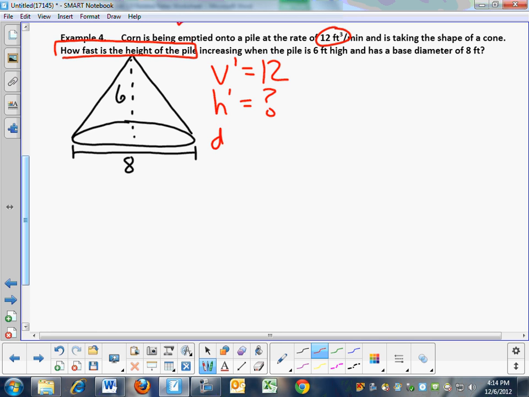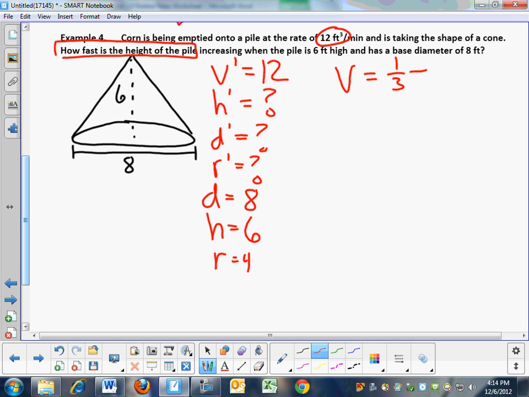We don't really know the diameter rate. We don't know the radius rate. We do know the current diameter is 8. We do know the current height, it's 6. We do know the current radius, it is 4. We do have a formula. We know that the volume of a cone is equal to 1 over 3 pi r squared times the height.